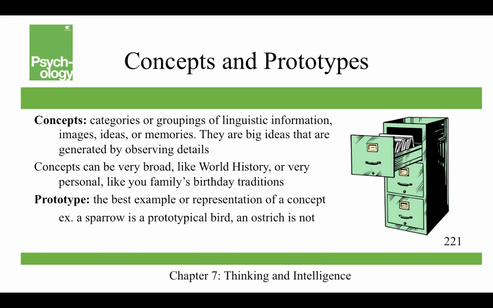Similarly, they can be abstract, like justice, or concrete, like types of birds, or really, like types of concrete. A prototype is the best example or representation of a particular concept. So a sparrow is a prototypical bird, whereas an ostrich is not.